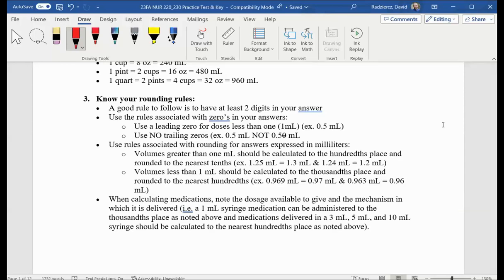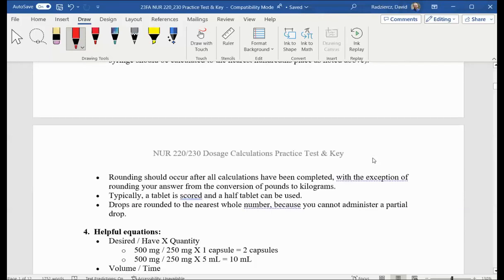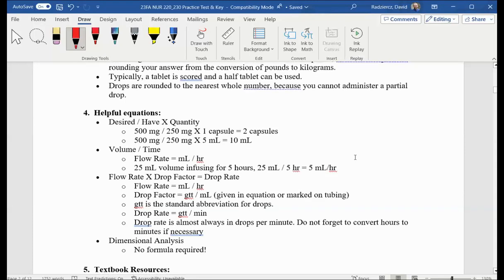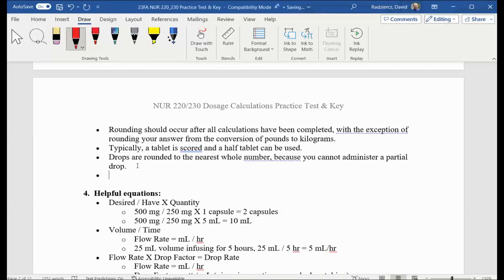For example, in one of the practice questions, if we needed to convert 1275 milligrams, we would just convert it to 1.275 grams. We wouldn't have to round to 1.3 grams, correct?